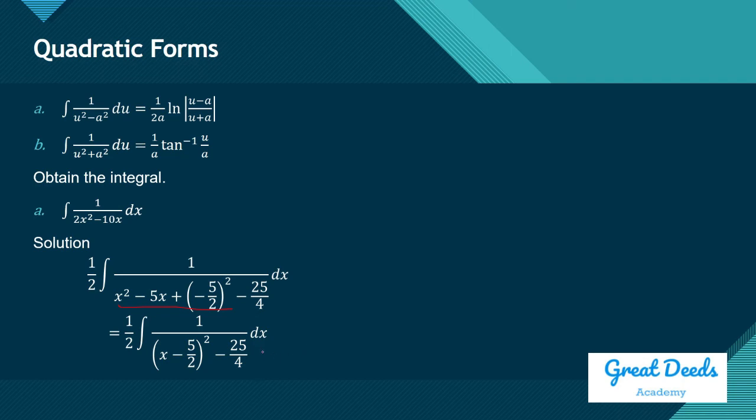When you are already in this part, this is your u, and this is your a squared, which means that a is equal to 5 over 2.